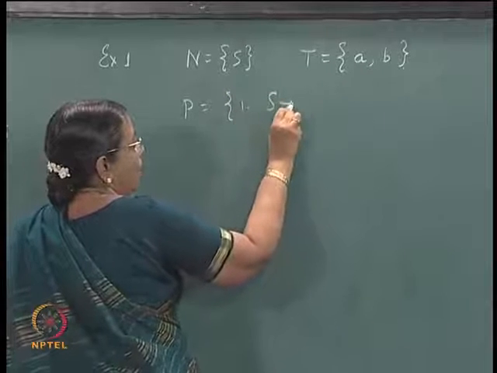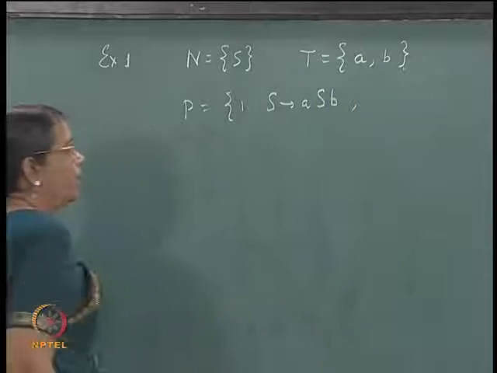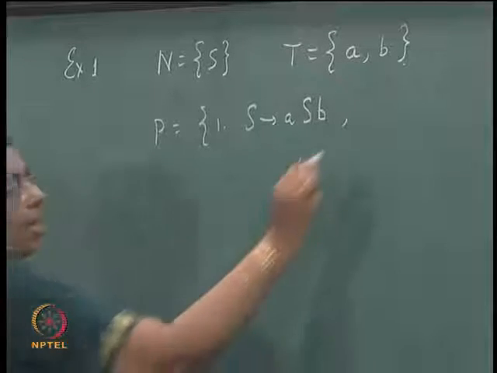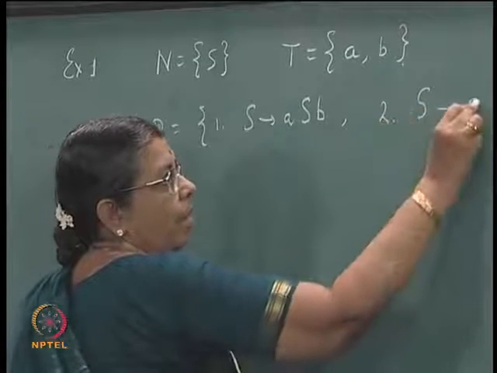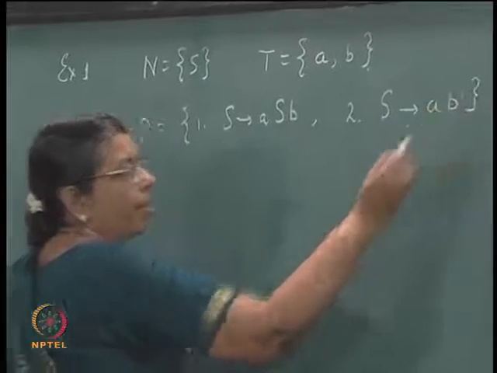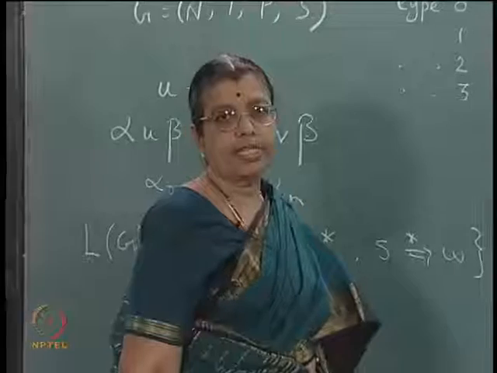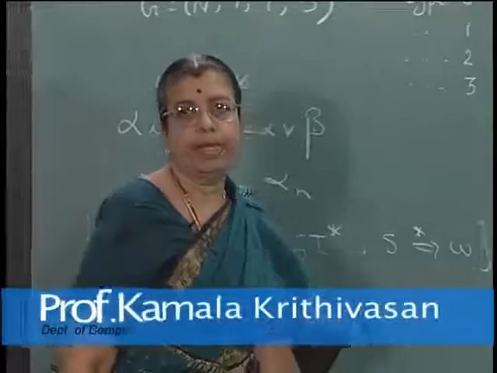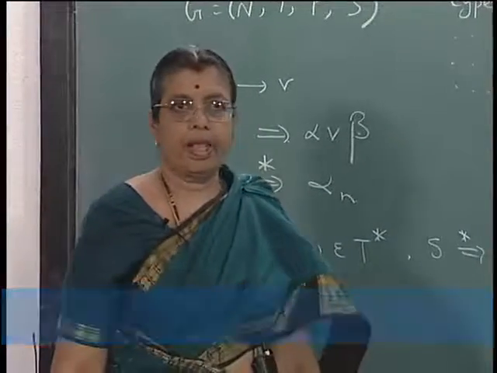I will number them: the first rule is S goes to ASB, the second rule is S goes to AB, and S of course is the start symbol. There is only one non-terminal in this example, and that happens to be the start symbol.